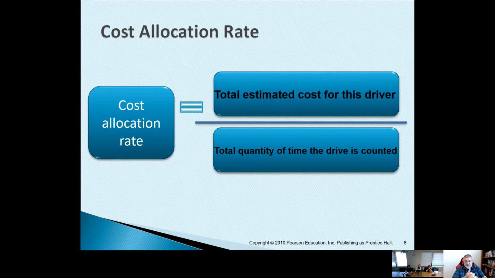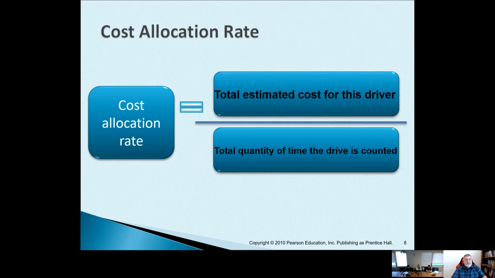If we're paying him $1,000 and he's moving 5,500 parts through the course of that month, what is our cost allocation rate? 18 cents. Okay, so it's 18 cents per part. That's our cost allocation rate.